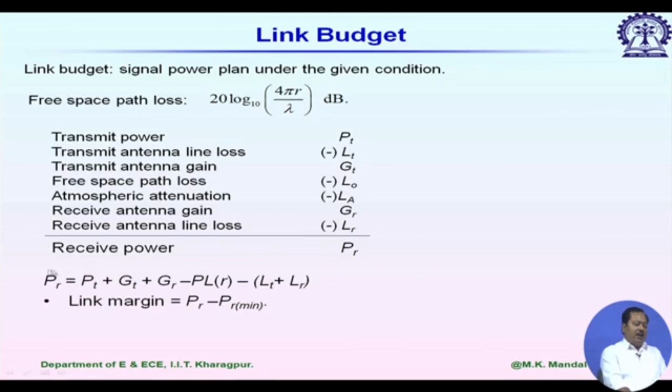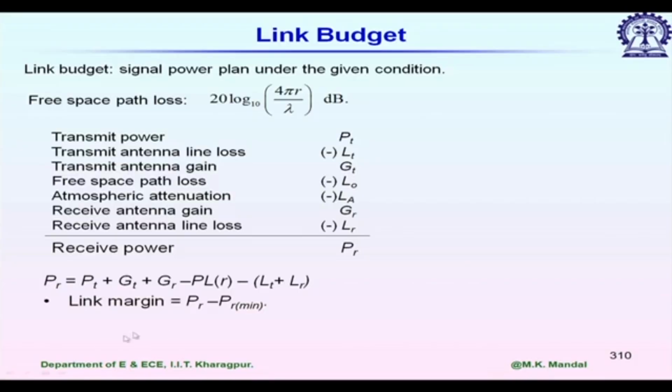Now, for a given link, whatever power we are receiving should be more than the receiver sensitivity. Let us say the receiver sensitivity is given by a minimum power PR min. Now again you see, whatever power we are receiving at a point will vary with time due to fading effect, multipath effect and other effects.